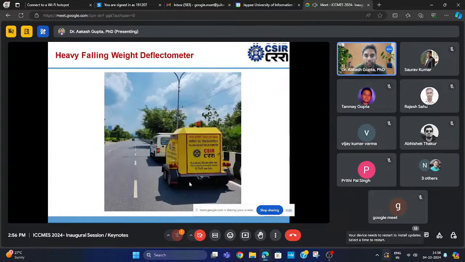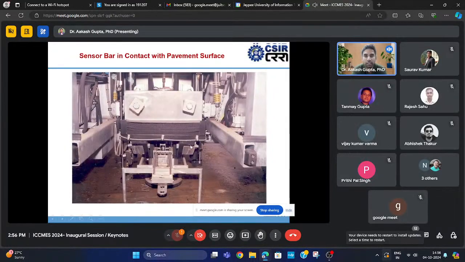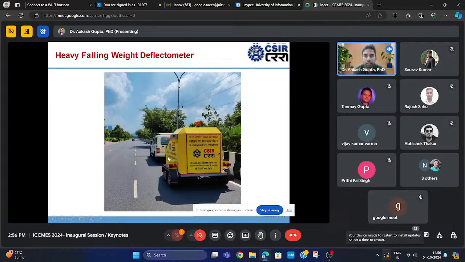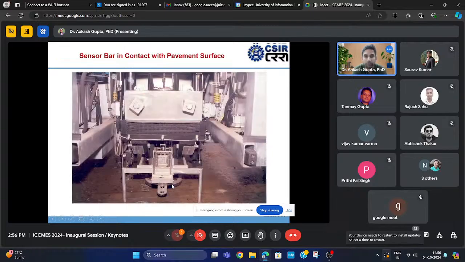This is the inside view of the falling weight deflectometer. If you open this box, you will see it like this. A circular loading plate is there, and it rests over the pavement surface. Where these springs are, geophones are connected.